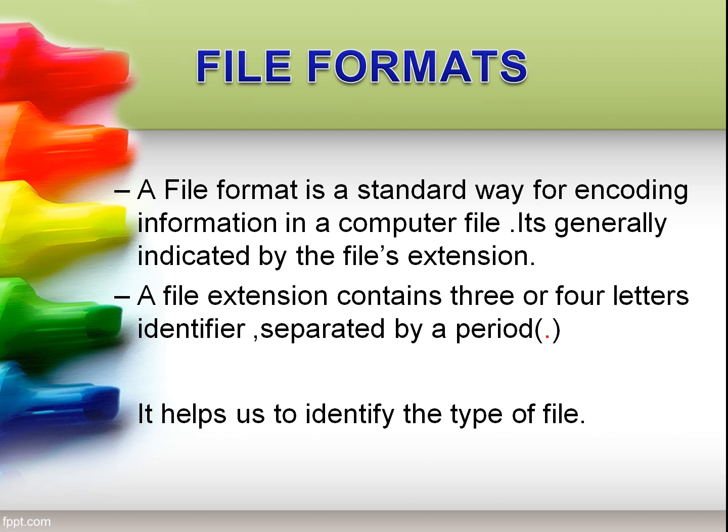The file extension which we used just in the previous slide was .pptx. And then a 3 or 4 letter identifier. It helps us identify what type of file it is. There are a few commonly used file formats. Let us discuss them.